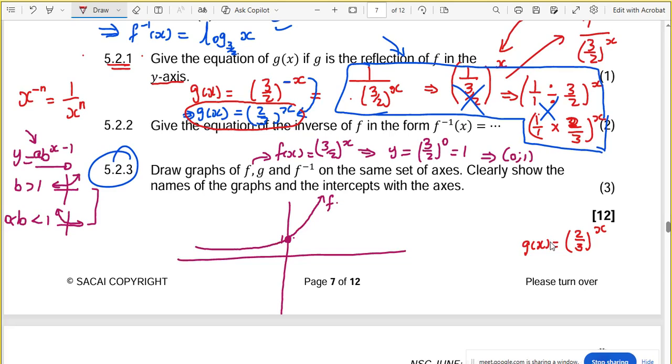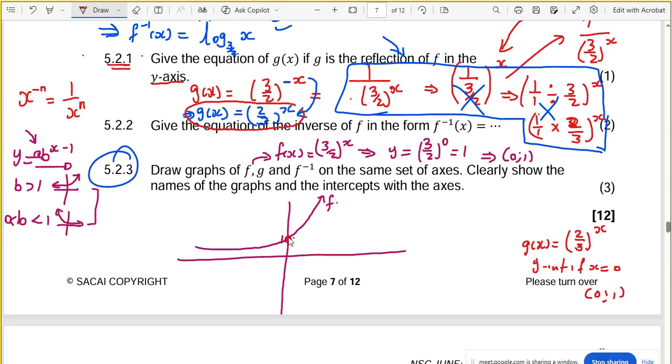Okay, so now what I'm going to do, for g, we can find there's no x-intercept, right? So for g, we'll find the y-intercept if x is 0. It's the same thing. We get (0, 1).